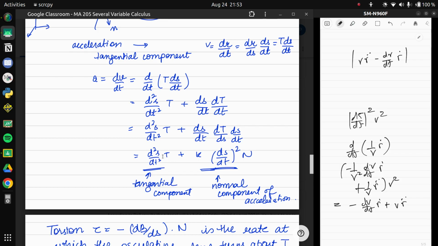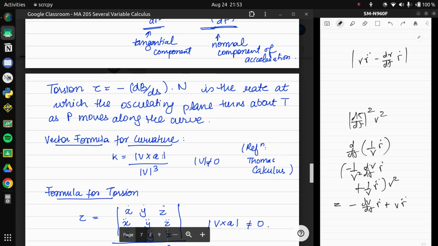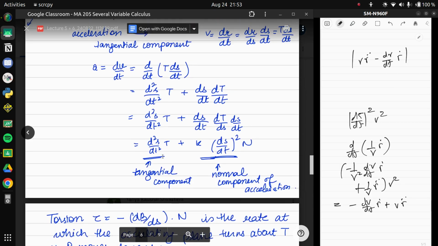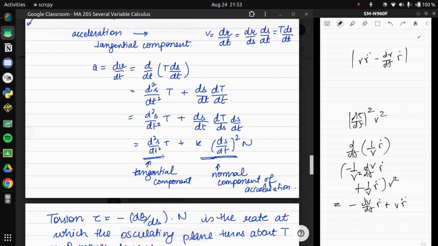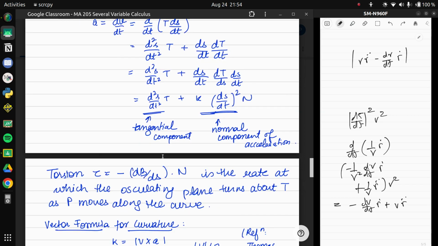So yeah, this is clearly the tangential component and this is the normal component, right? Okay. So r double dot is the acceleration. Oh, okay. This is not like that. Wow.